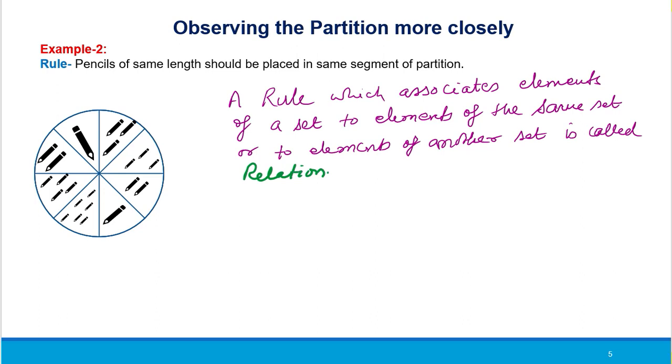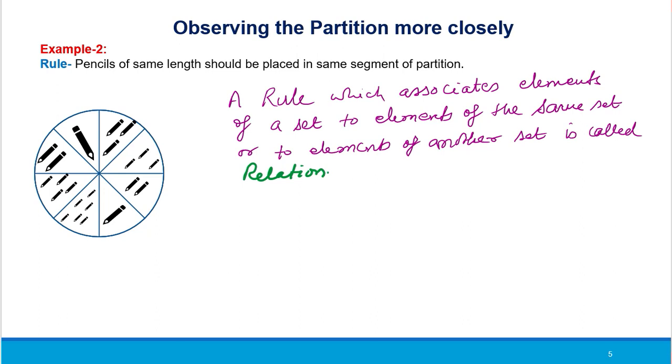So this is simply a rule which associates one element to another element. Here we have one set, and therefore the rule which we have imposed here, that pencils of same length should be placed in the same segment of the partition, is a relation.